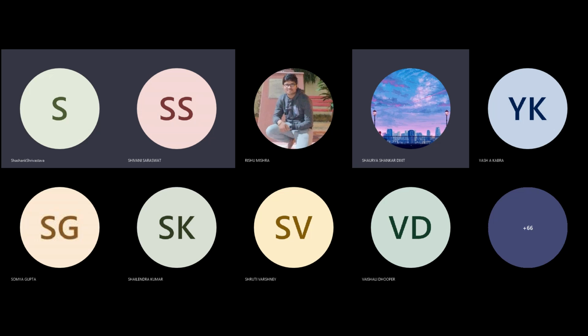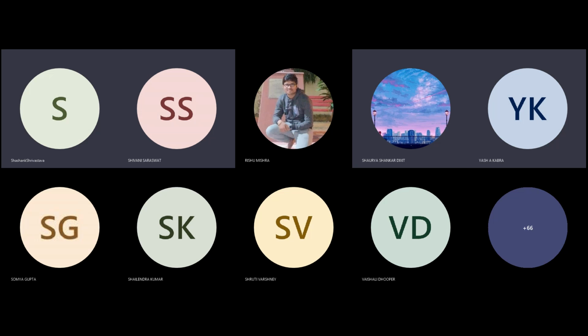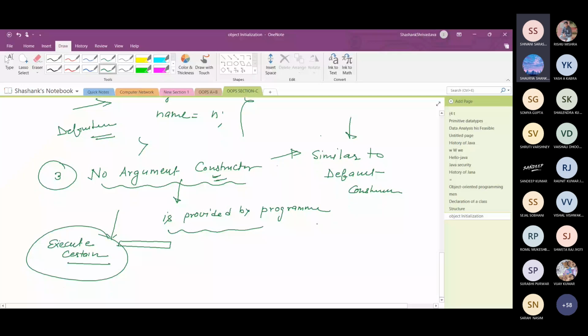In object oriented programming there is one place where the private constructor is used. Can anyone tell where the private constructor can actually be used?